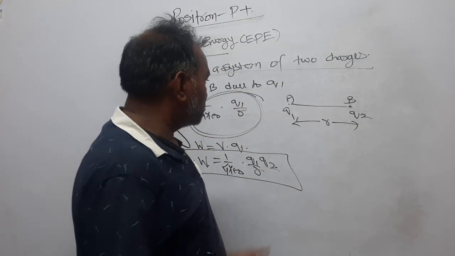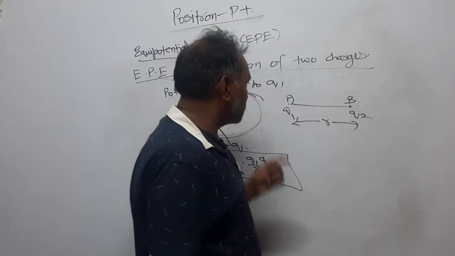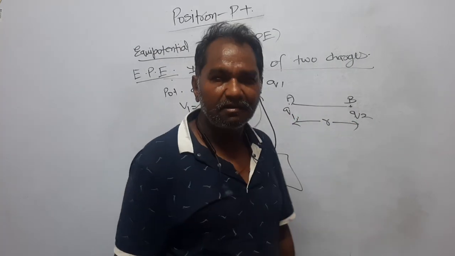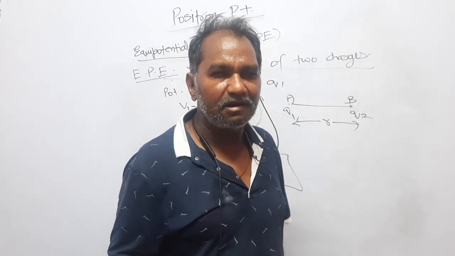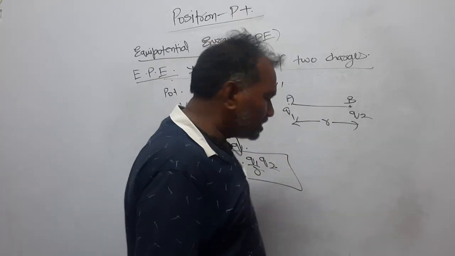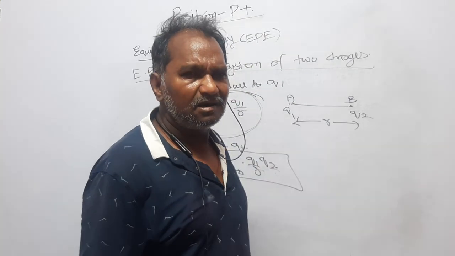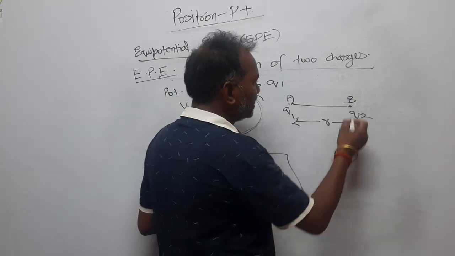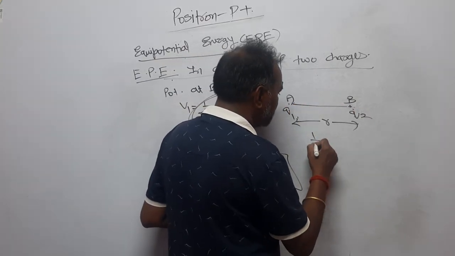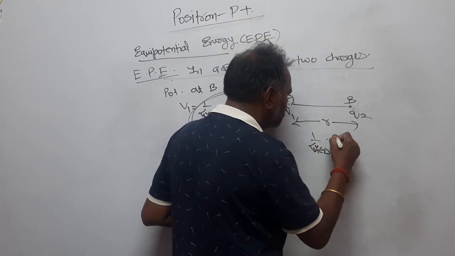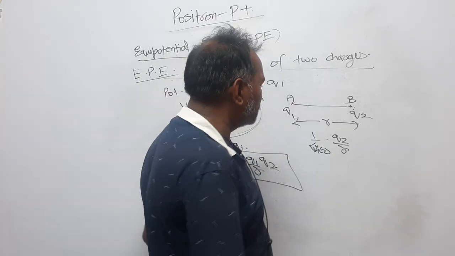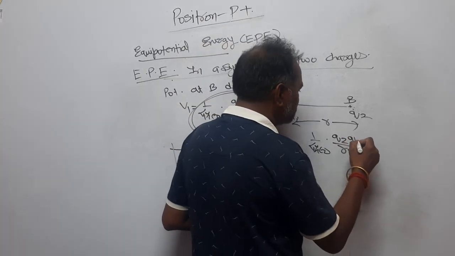Now, dear student, here what I have done is find out first the potential at point B due to charge Q1, and then applied what would be the work done required to bring the charge Q2 to point B in the potential due to Q1. Inversely, you can solve like this: find the potential at point A due to charge Q2, that is again 1 upon 4 pi epsilon naught Q2 by r, and then the work done in bringing this Q1 charge from infinity to point A is W is equal to V into Q1.